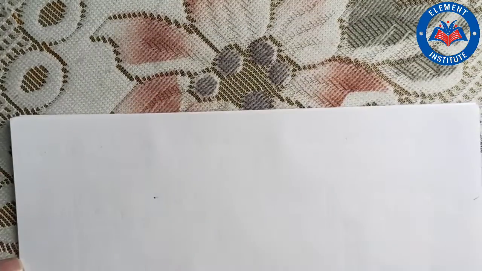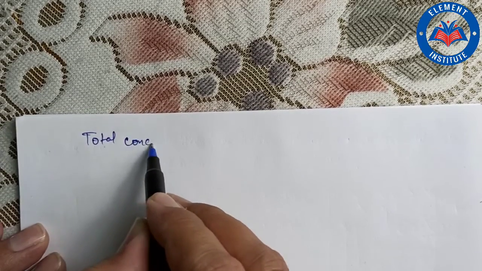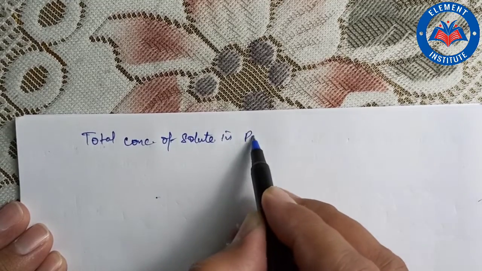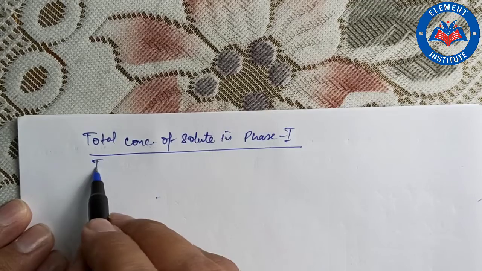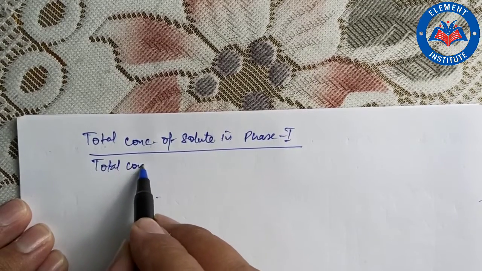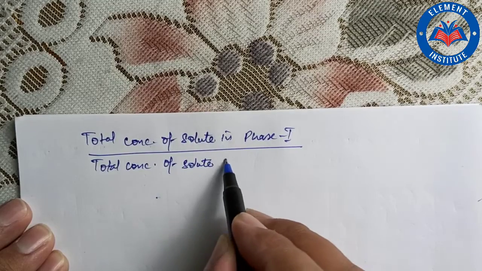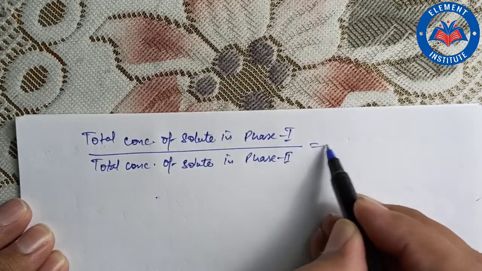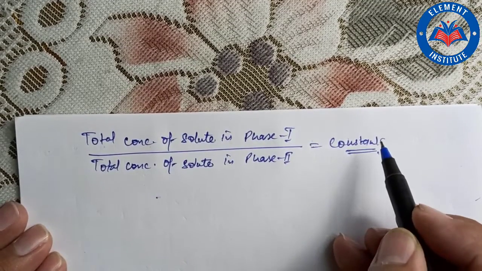So we can simply write it as the total concentration of solute in phase 1 upon the total concentration of solute in phase 2, which is a constant term.